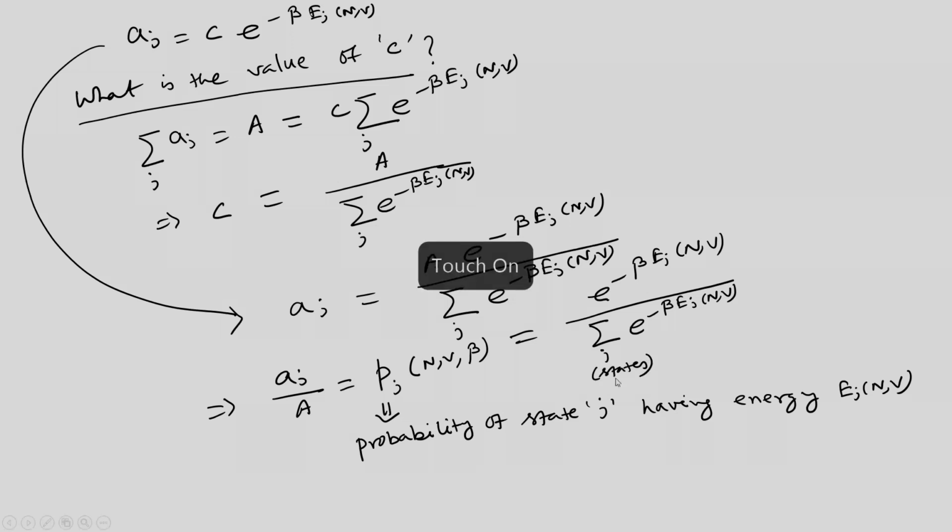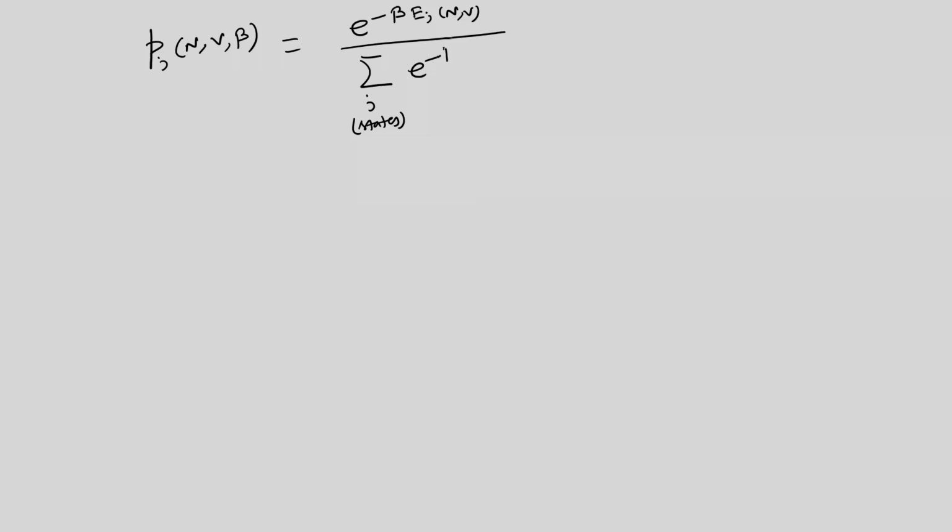So, what have we obtained so far? PJ, a function of N, V and beta, is e to the minus beta EJ by the sum over j of e to the minus beta EJ. What was our goal?